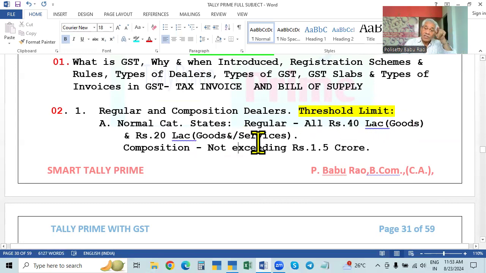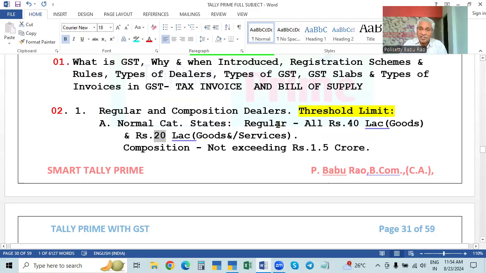If there are services also, only services or goods and services, whatever it may be, the limit is 20 lakhs. So 40 lakhs for only goods, 20 lakhs if there are services also. This is the threshold limit. If the turnover crosses this limit, everyone has to get registration.